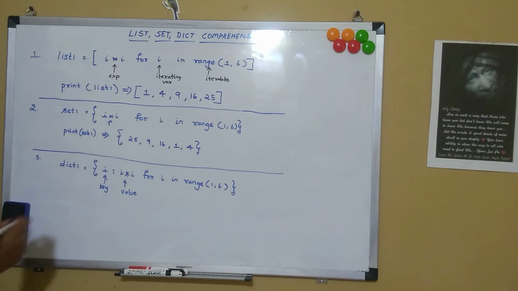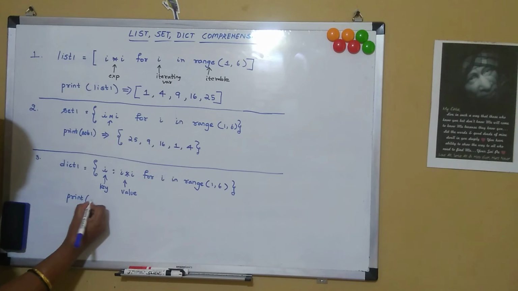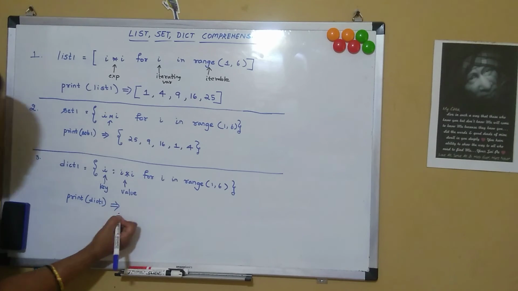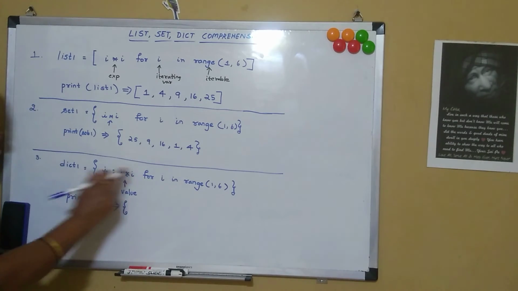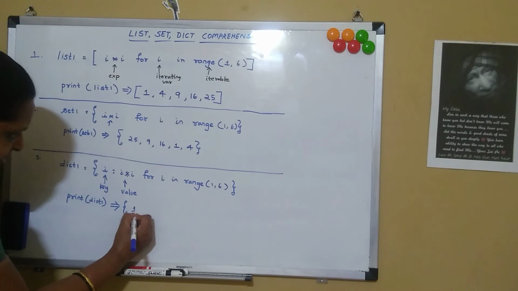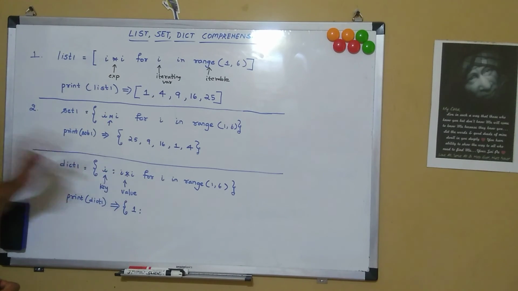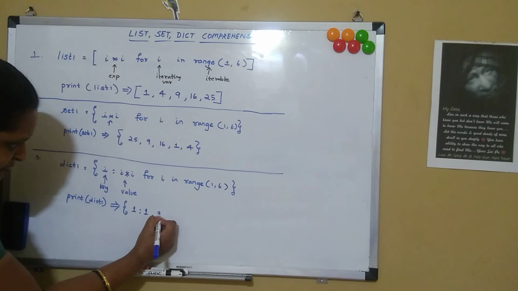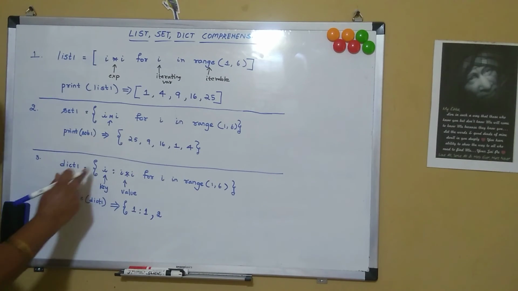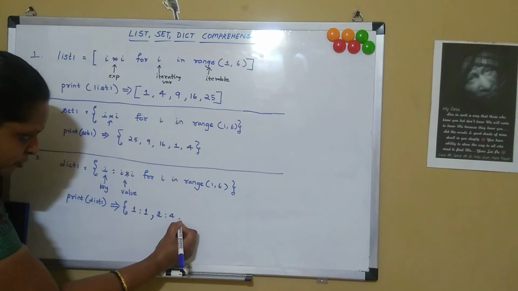So, my output, when I print dict 1, will be in this particular format. In curly braces, for i, it takes the value 1. This is the key and the value is this expression i into i. 1 into 1 is 1. For the second item, it takes key as 2 because it is i. The expression is 2 into 2 which is 4.